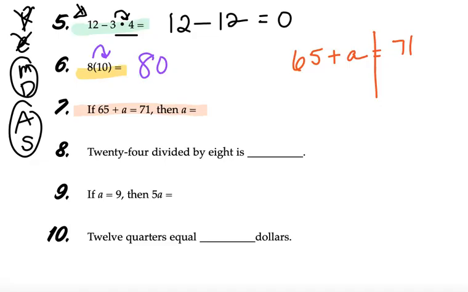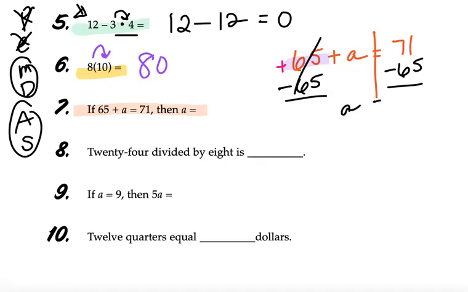Because this is a positive 65, the sign is understood to be positive here. When you don't see it, it's understood to be a plus in front of the number, all right? So we can do the inverse of that to solve it. So we can subtract 65 to help us solve it, okay?